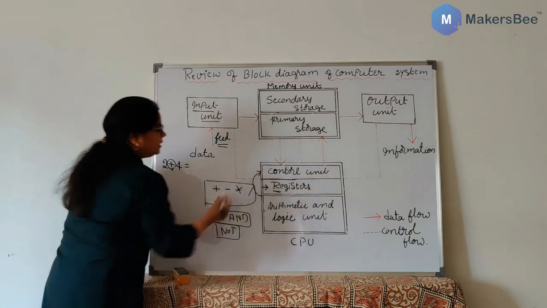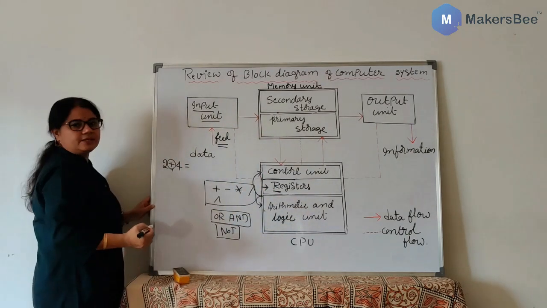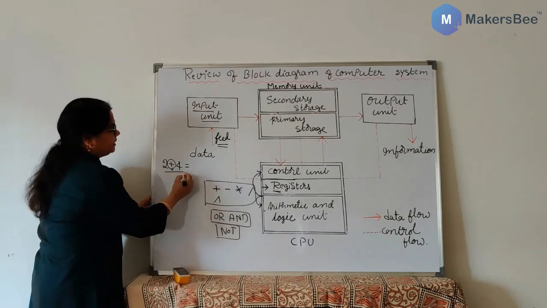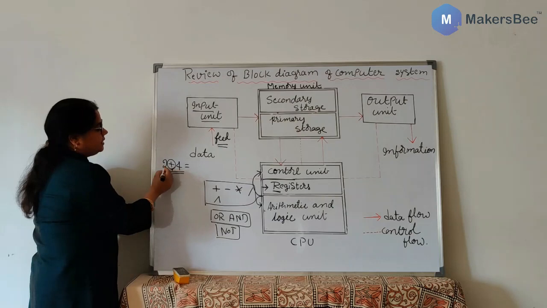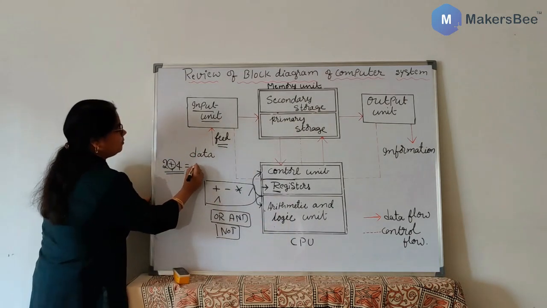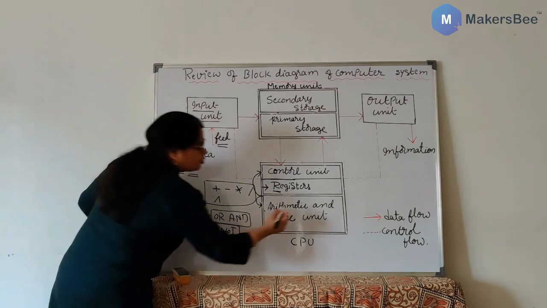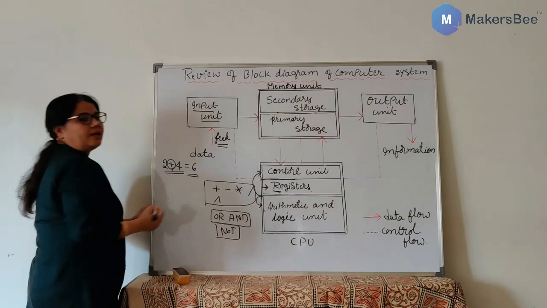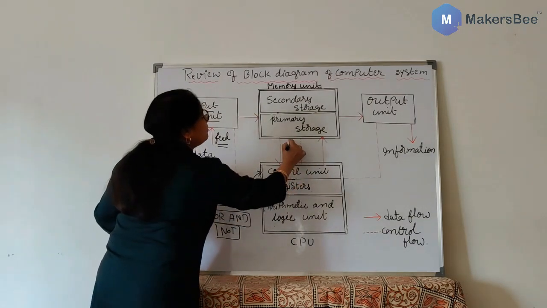After storing here, the data goes to the arithmetic and logic unit, which operates on it. The two numbers are added here, and the result is obtained as 6. Again this 6 is stored in the registers only. After storing in the registers, the data goes to the memory unit.